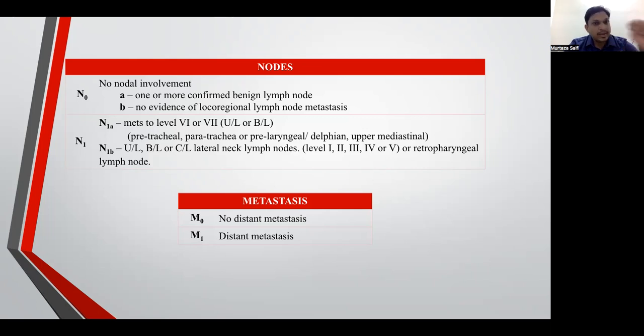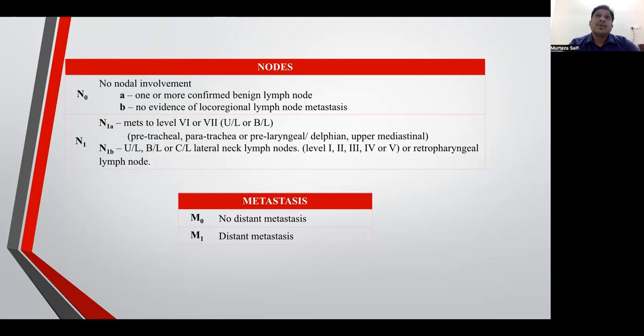Then N1A and N1B. N1A is to level 6 or 7, unilateral or bilateral. It includes pretracheal, paratracheal, prelaryngeal, or Delphian, or upper mediastinal lymph nodes.